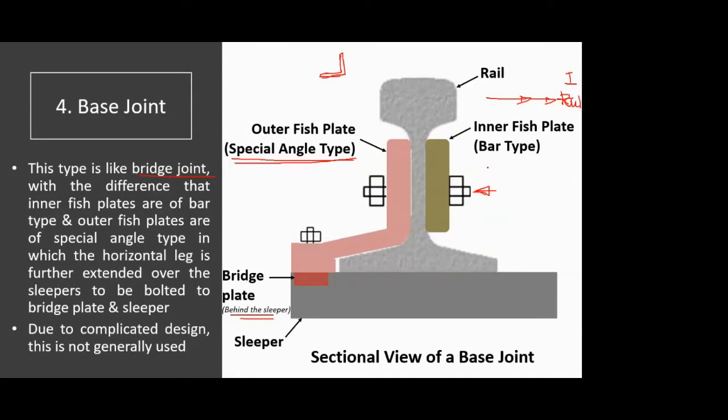You have two different types of fish plate, and you have to be very sure that the shape of the leg of this outer fish plate matches all the components and fits properly. Due to this complicated design, it is not generally used, but concept-wise you can keep in mind what a base joint is in a rail joint.